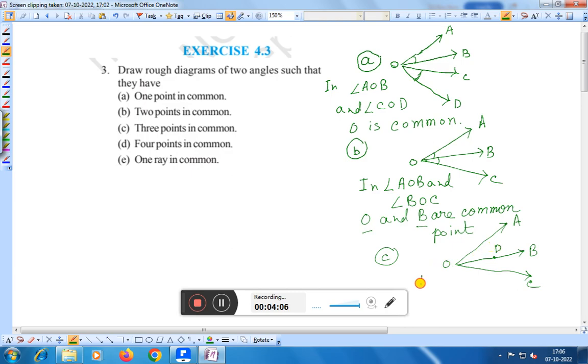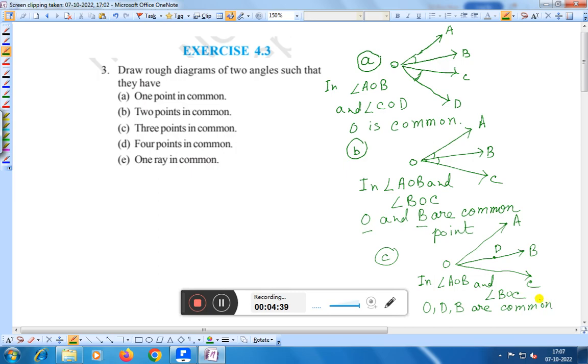Therefore in angle AOB and angle BOC, 3 points are common, that is O, D and B are common. Therefore, here we get 3 points in common.